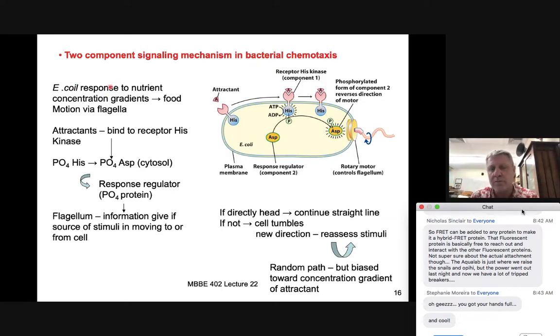So E. coli respond to nutritional gradients because they want to follow where the concentration of the most food is so they can consume it and grow. But they need to be able to give information to the flagellal motor to say which way to spiral, whether to put me in this direction or that direction. And so they have a histidine dependent phosphorylase, which is a transmembrane protein, usually at the head of the E. coli.